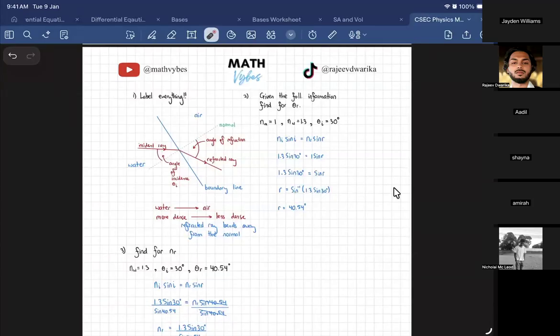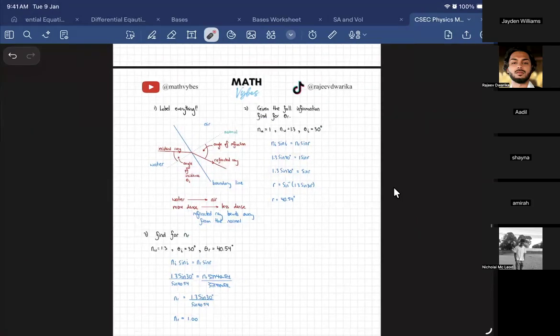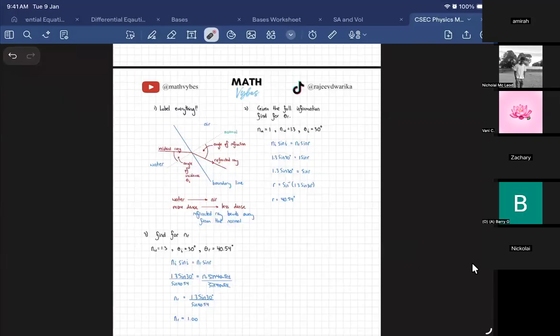I think your problem might also be practice, because I give you homework. Like Amira did the homework, she sent me her answers, and I saw where she went wrong and we could fix that. If you don't send me your homework, I can't tell you what to fix. So try to practice. Nikolai, Sheena, Vani, Drew, Zachary, we good?